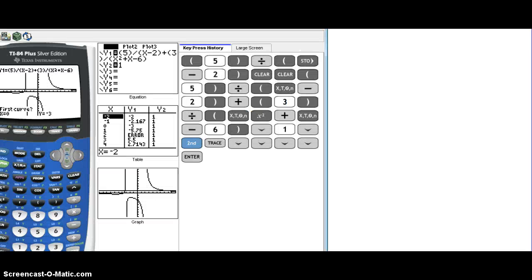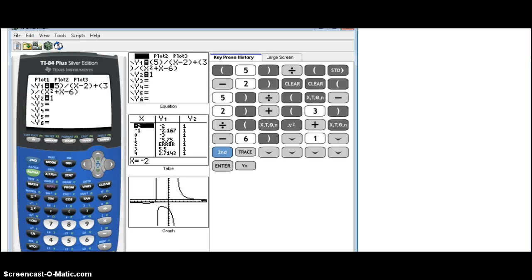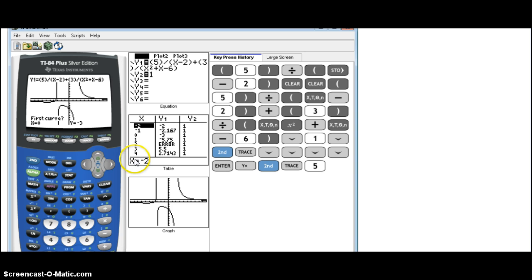So notice how I put in my equations, my rational expression or fractions with parentheses. Both the numerator and denominators must have those in them. So there's the left side and there's the right side. Then we're going to hit second, trace, and then 5 for intersections. And then we want to do the intersection close to the two places. So go ahead and try that.